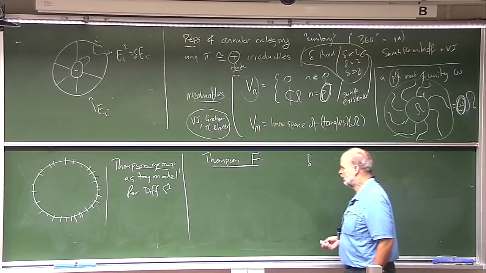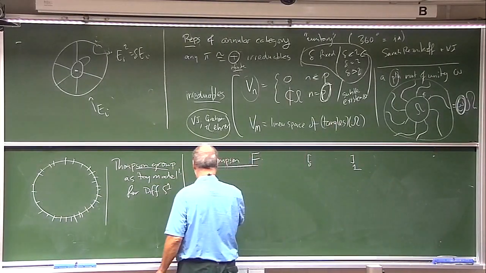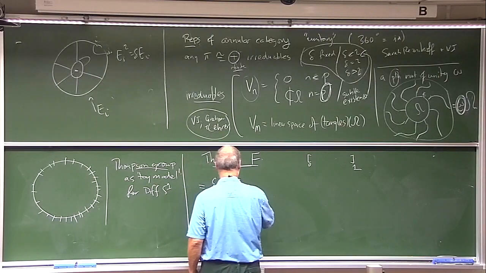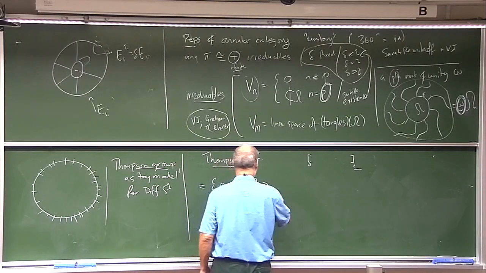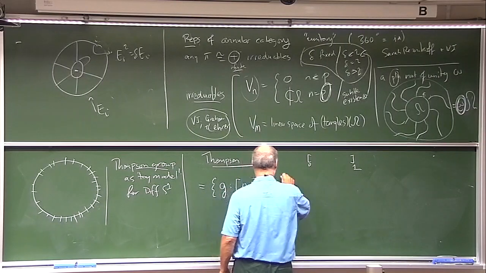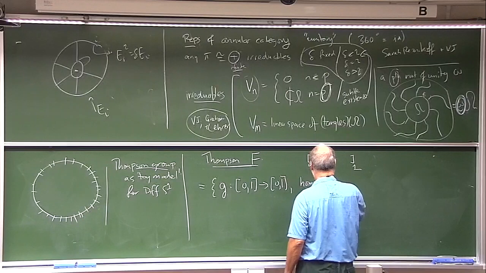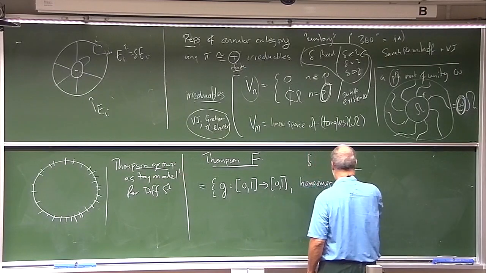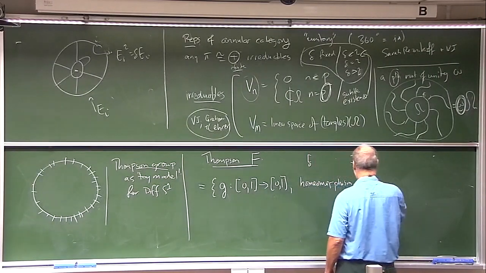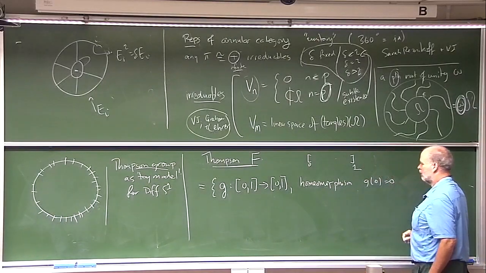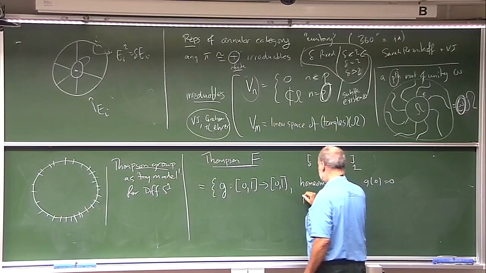So here it is. It is, by definition, the set of all g, where g is a map from [0,1] to [0,1]. It's a homeomorphism. It preserves 0 and 1. And it's piecewise linear.